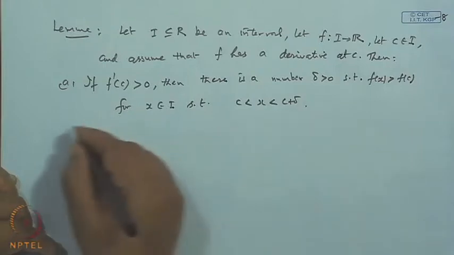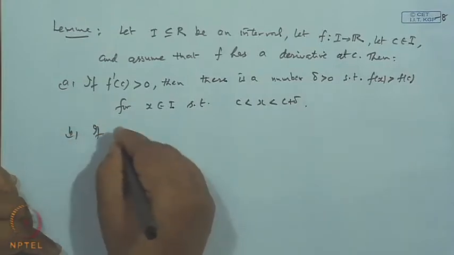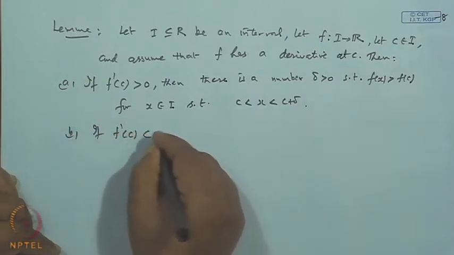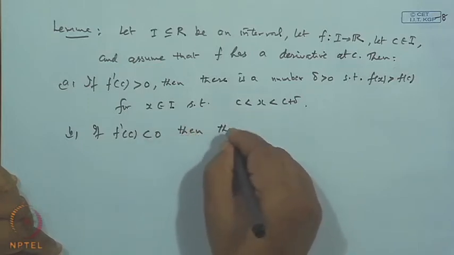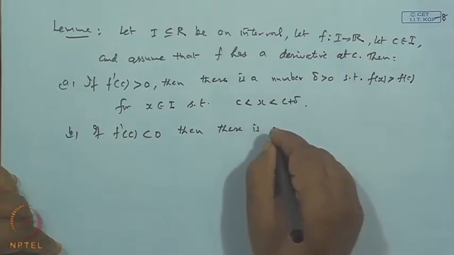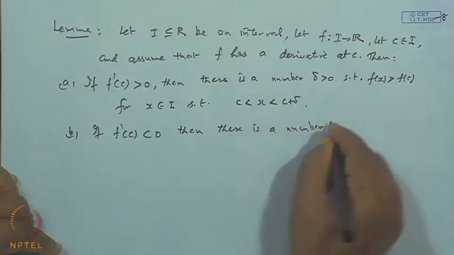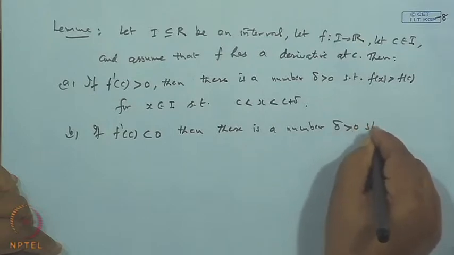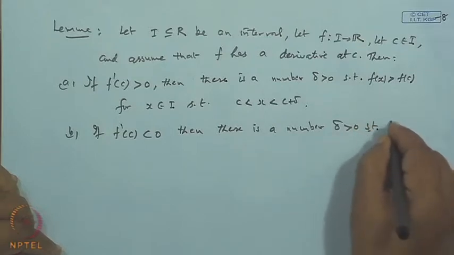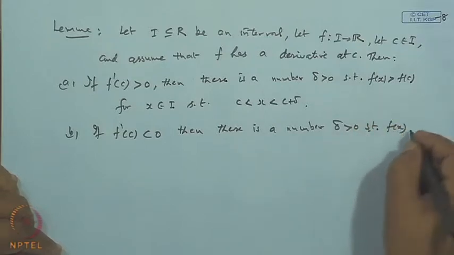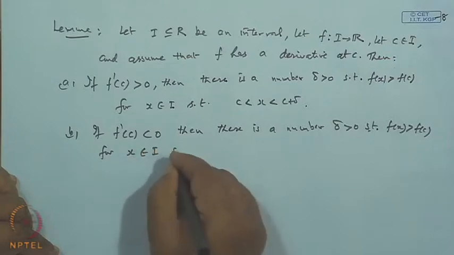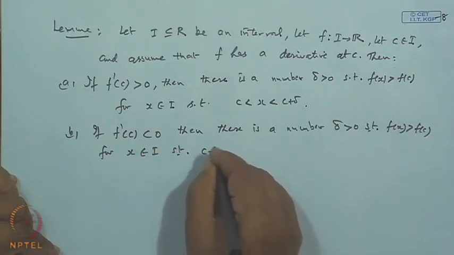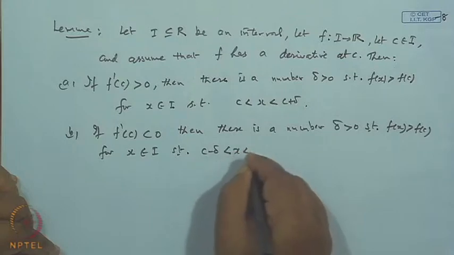And if f prime c is negative, then there is a number delta greater than 0 such that f of x will be greater than f of c for x belonging to I, such that c minus delta is less than x less than c.